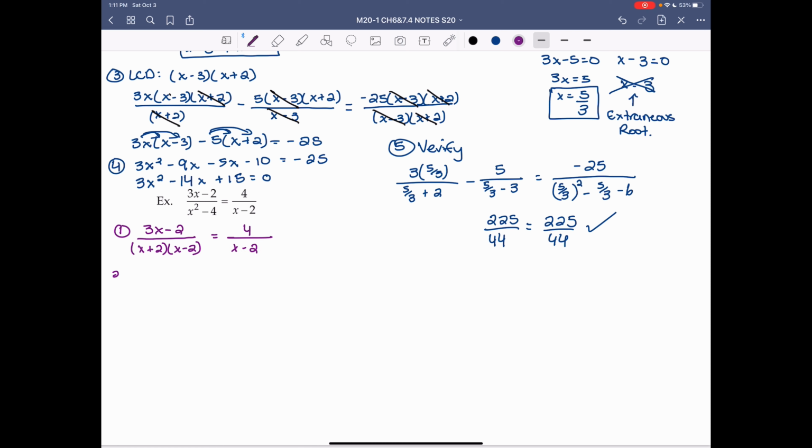Step 2, our NPVs. We have x plus 2, x minus 2 in our denominator. When is that equal to 0? When x equals negative 2 and when x equals 2.